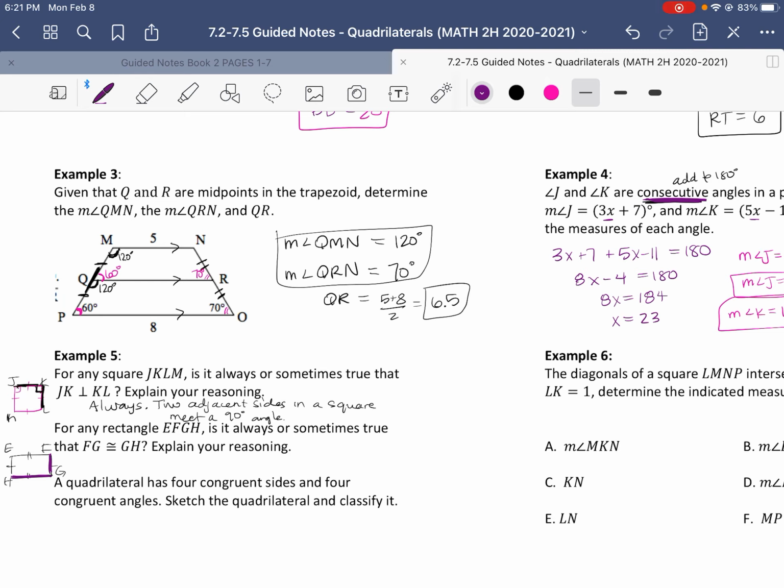If we were to squish that rectangle until it became a square, then we would be looking at those two congruent pieces. So this one we would say is sometimes true, and this would be true. FG is congruent to GH when EFGH is a square.